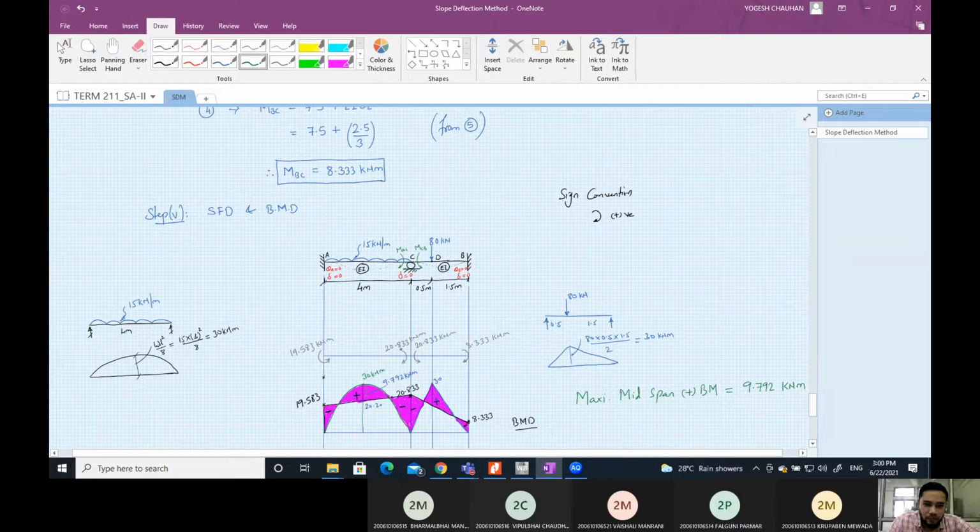Then on this side it is again pointing upward, so it is like this, 20.833. Then this is also pointing upward, so it is 20.833. Then this is also pointing upward, so it is 8.33.